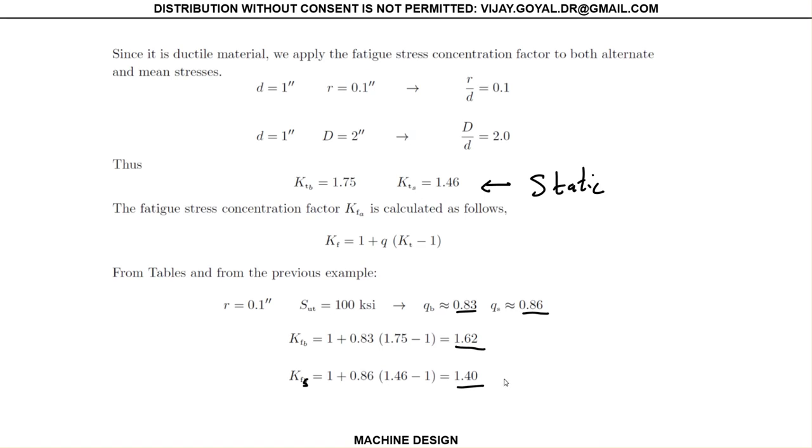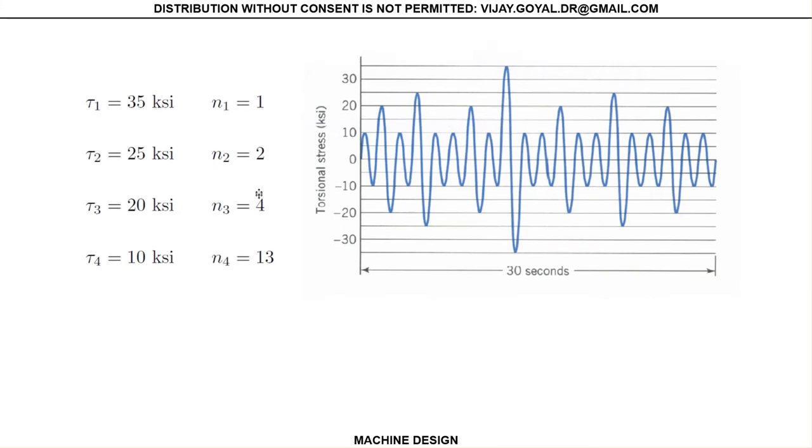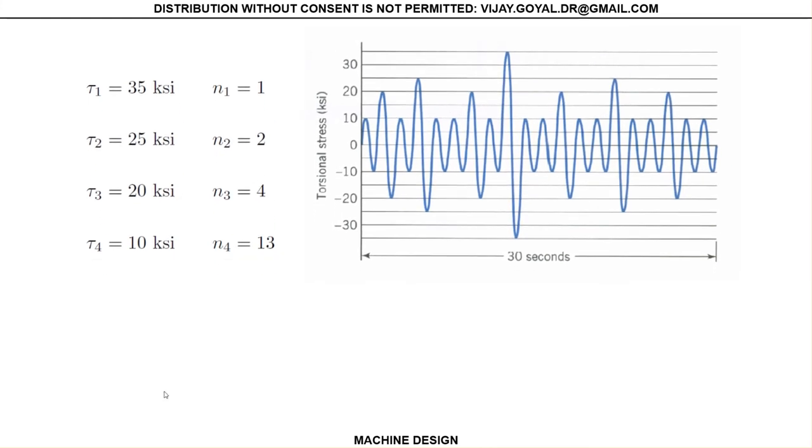Now that we have this, we should go ahead and apply our design factor, which we know in the problem. So the new bending stress will be the bending stress given in the problem multiplied by my design factor.